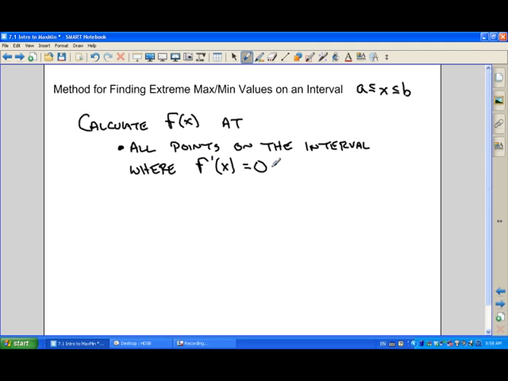Find the derivative, set it equal to 0, solve for x, and then calculate f of x at those points. And we're also going to calculate f of x at the endpoints, the extreme values. So the endpoints are x equals a and x equals b.